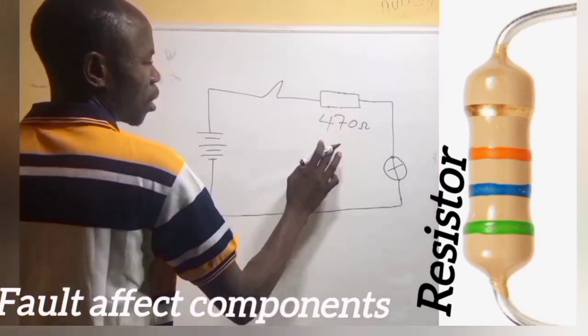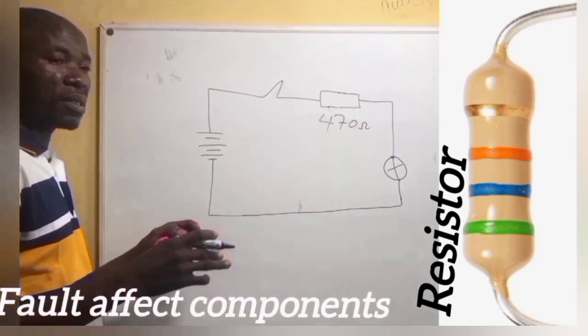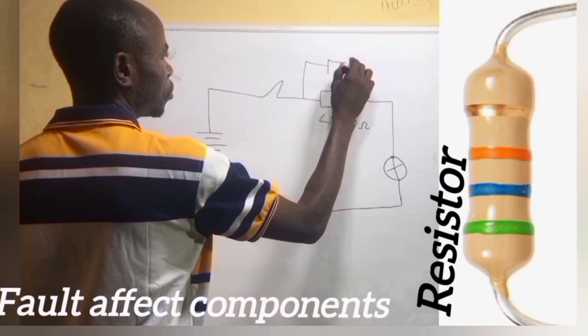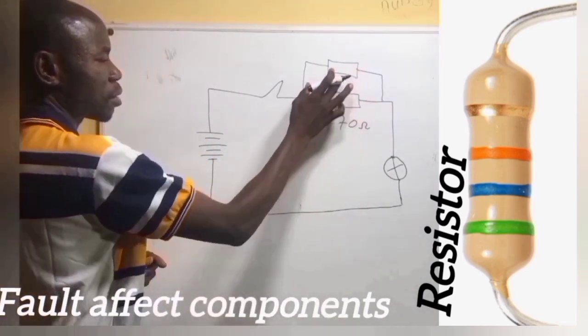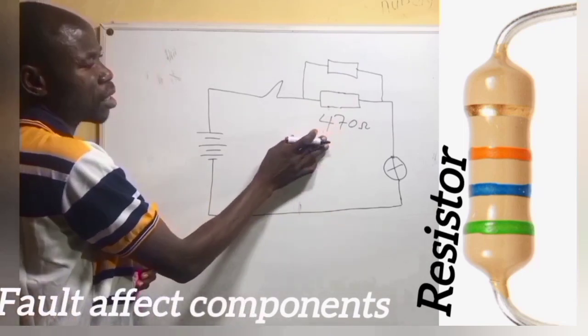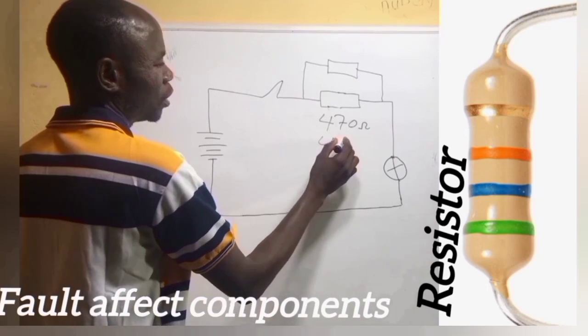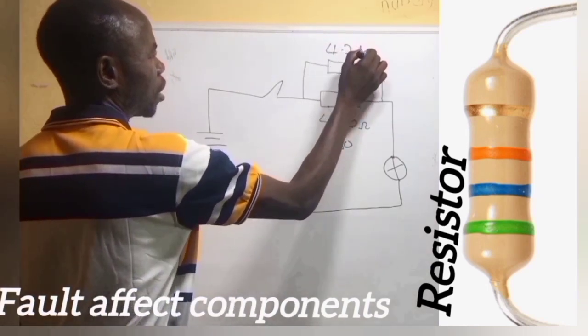Let's say the 470 ohms decreases in resistance. It's like putting another resistor in parallel, so instead of having 470 ohms, you may have 430 ohms.